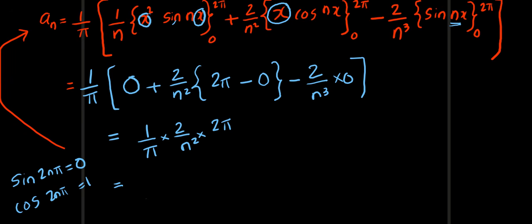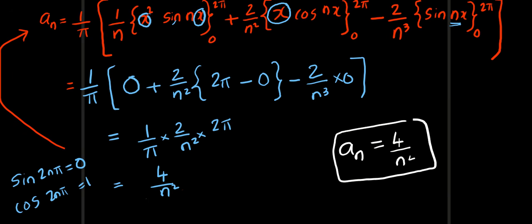And that's going to give us 4 by n square. So you can note it somewhere. An is equal to 4 by n square. So please put it in a box, and let's go for the last part, and that will be Bn.